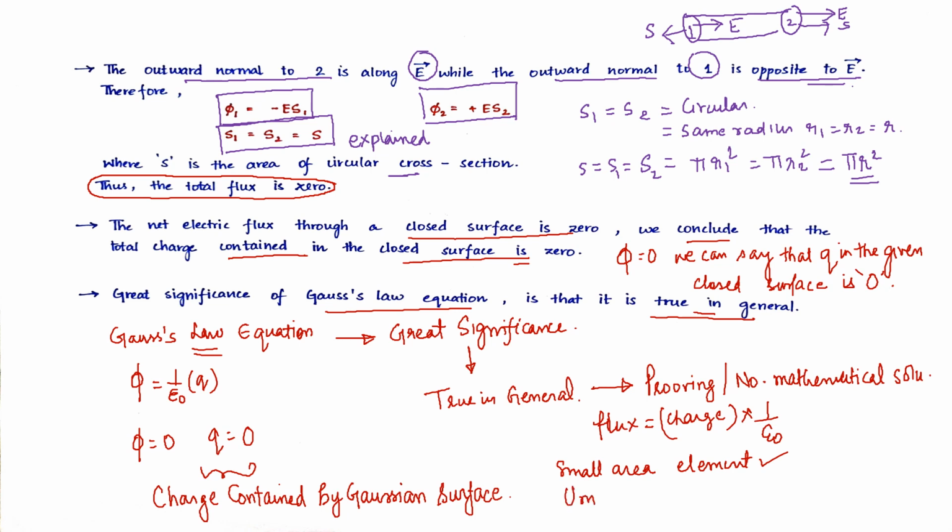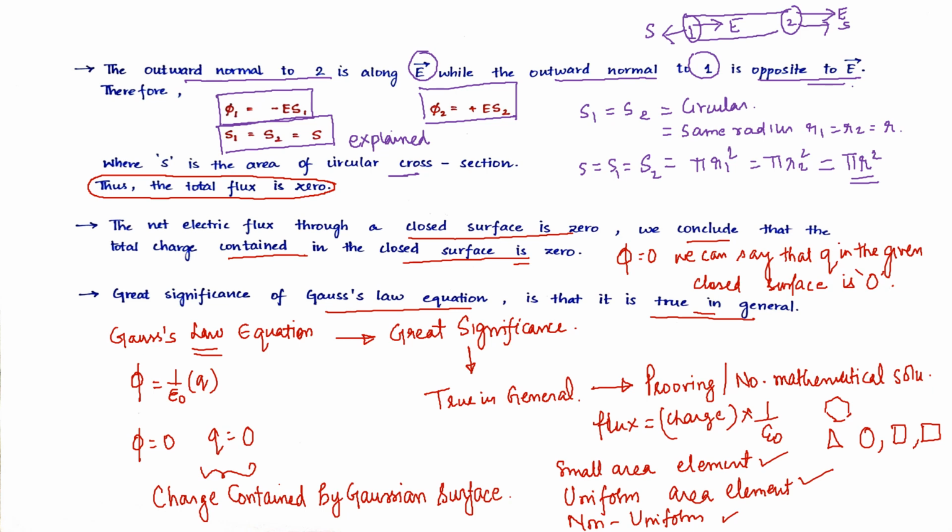If we take a uniform area element, let it be a circle, a triangle, a rectangle, a square, or any other hexagon or pentagon, it is true. If we take a non-uniform shape of Gaussian surface, it is true for that also.